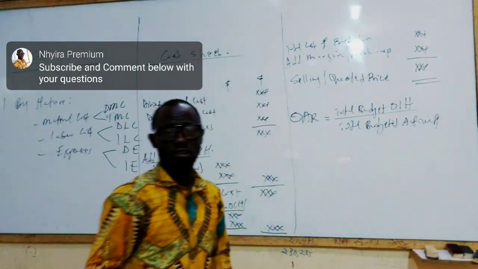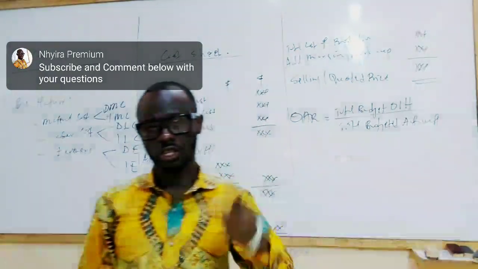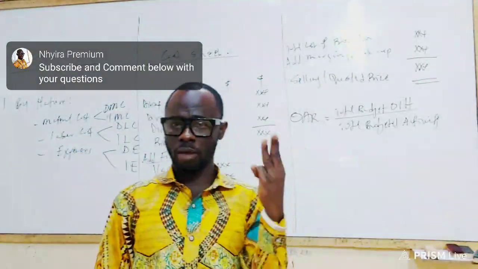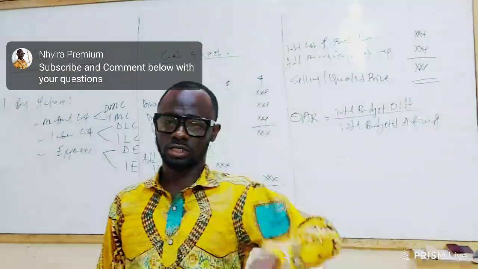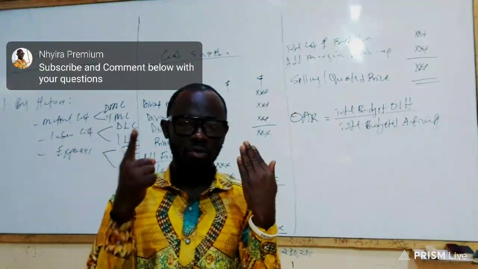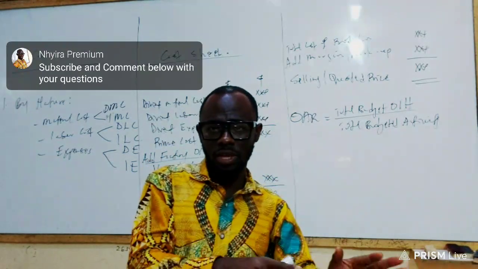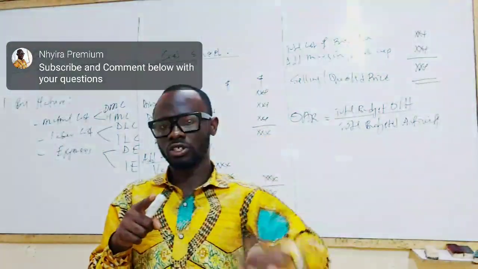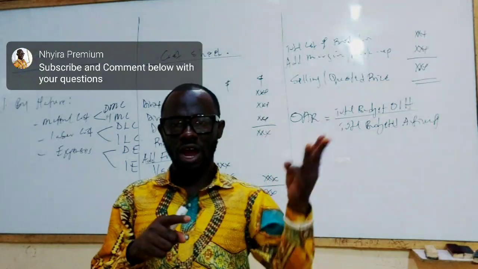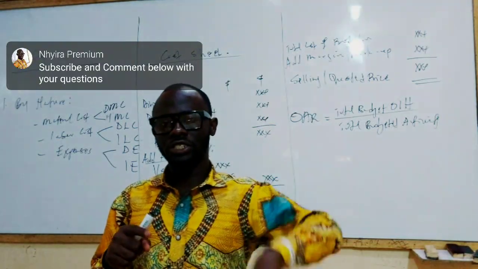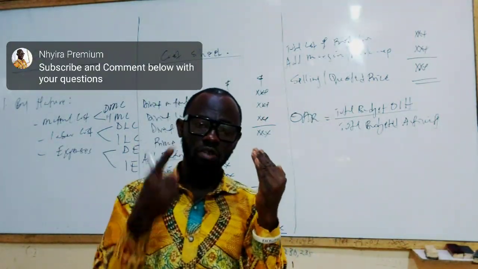So we can absorb overheads according to material cost, labor cost, prime cost, labor hours, machine hours, and then production units. So these are the 6 bases: direct material cost, direct labor cost, prime cost, labor hours, machine hours, and then production units.